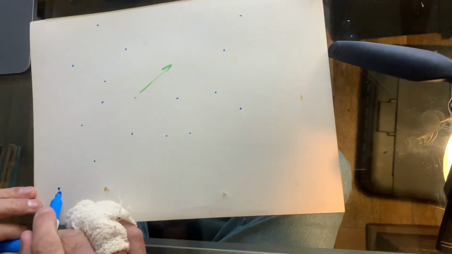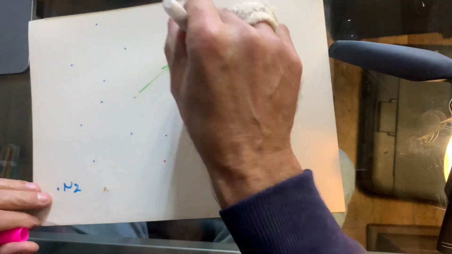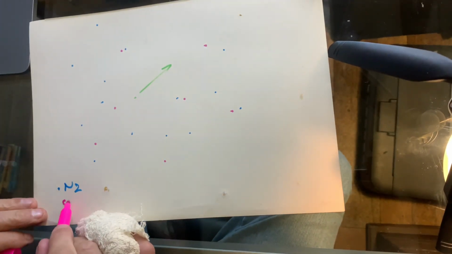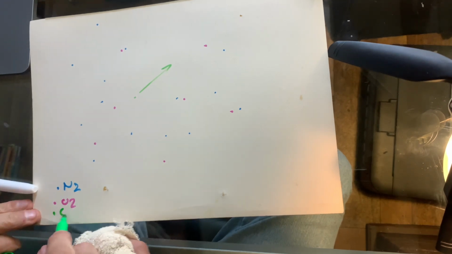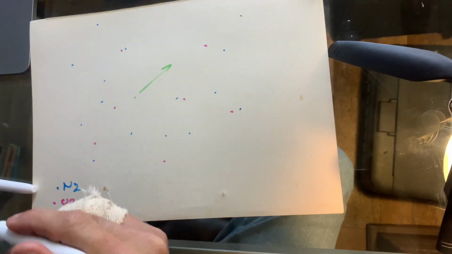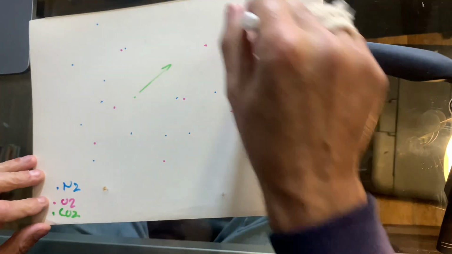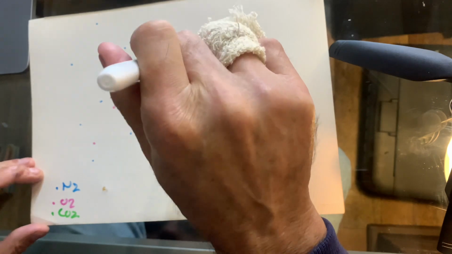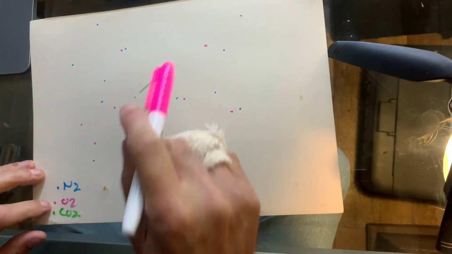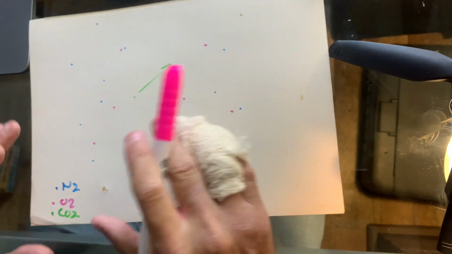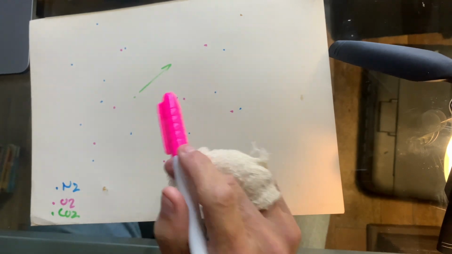The dot is N2, and let's say this is O2, and then this is CO2, right? Now obviously 78% of everything going on here is N2, around 21% is O2, and the CO2 is a tiny fragment, 4 parts in 10,000 in the atmosphere, right?